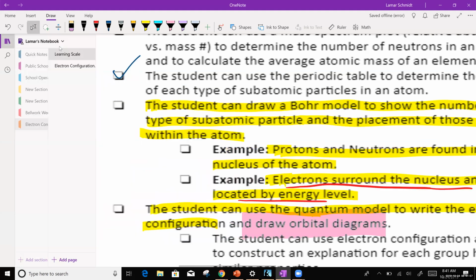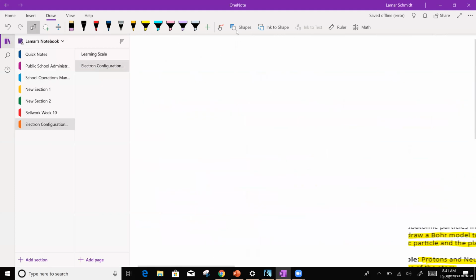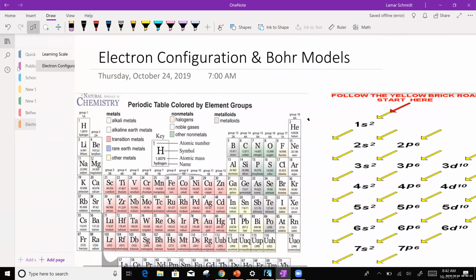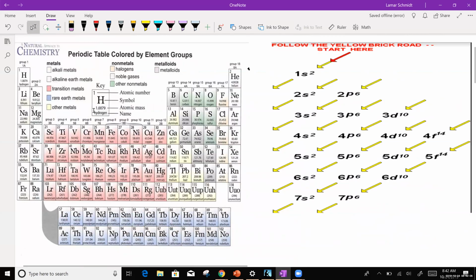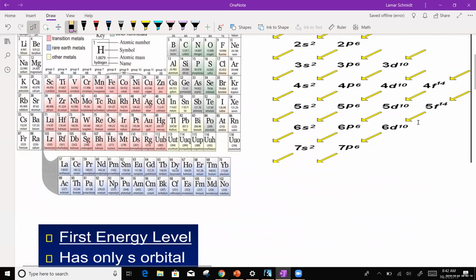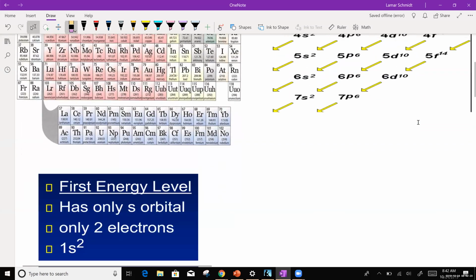If we go to our major presentation here, we have a periodic table and also what I call a yellow brick road. When we refer to the yellow brick road in class, we're referring to this document right here, and I will show you how to use that in this video. A couple things I wanted to point out are from your notes.